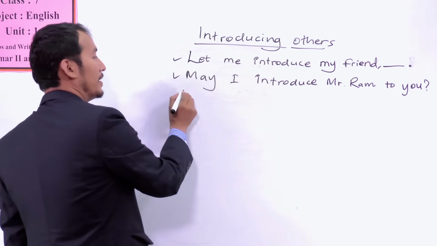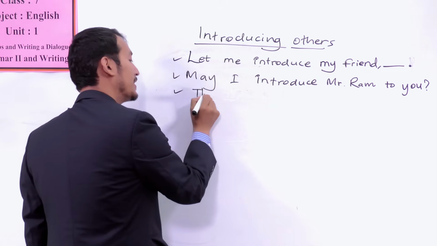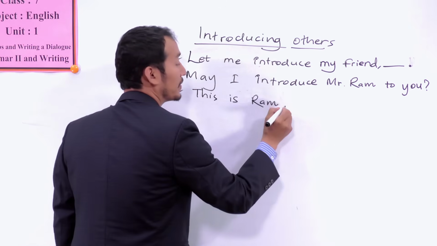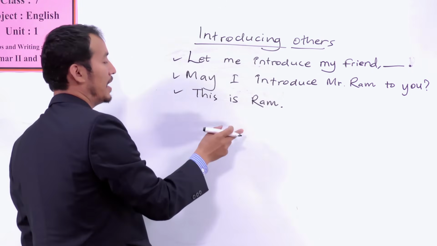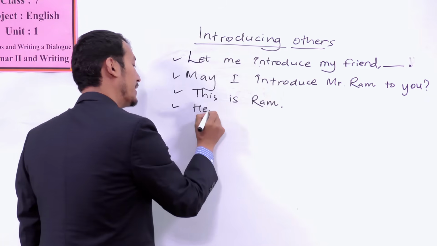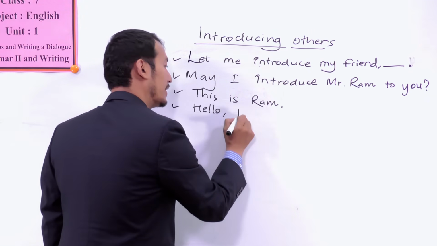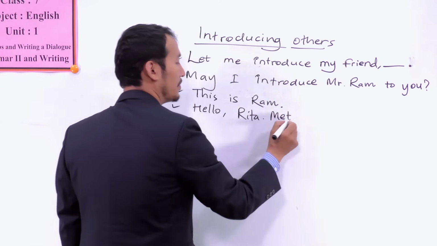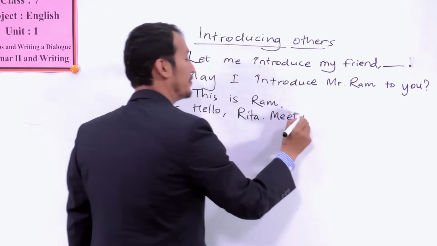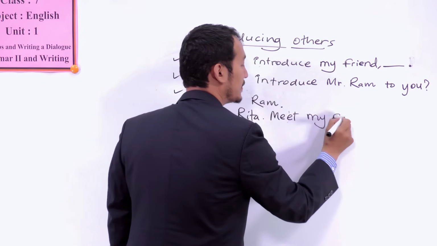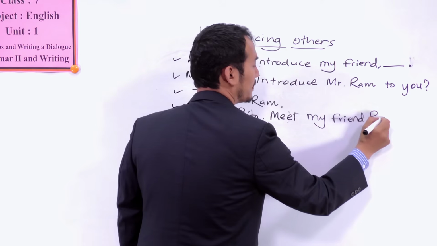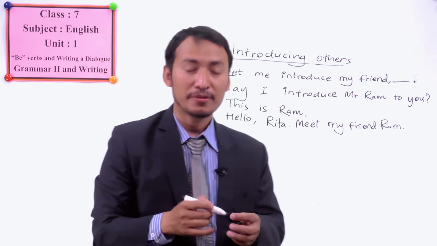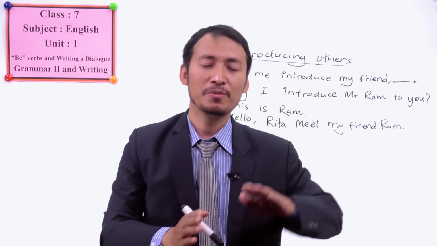Another way can be, this is Ram. You can simply say this is Ram, or another way you can say, hello Rita, meet my friend Ram. Okay, these are the ways for introducing your friends to someone else.